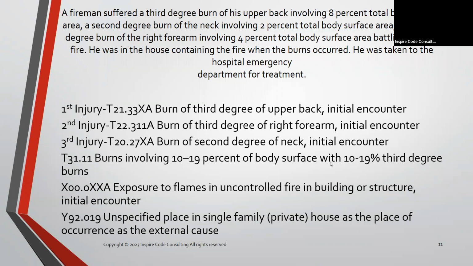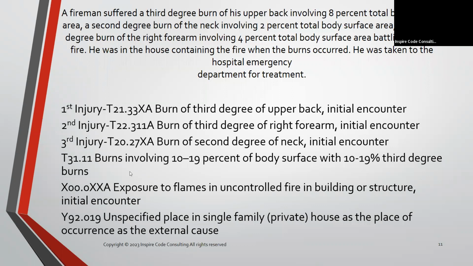With the second part of your code, 10 to 19% of third degree burns, only third degree, right? So this is your most severe. So we have 8% third degree of the upper back plus 4% of the right forearm, which would be 12%.